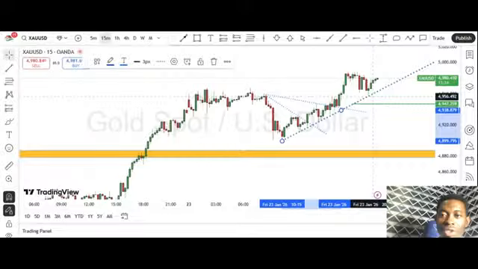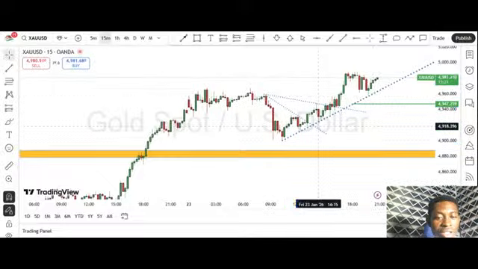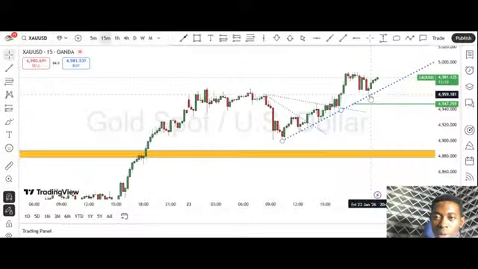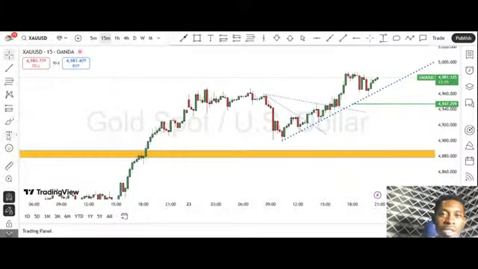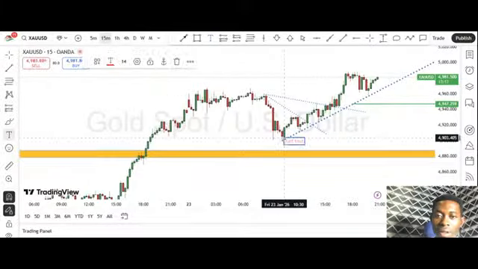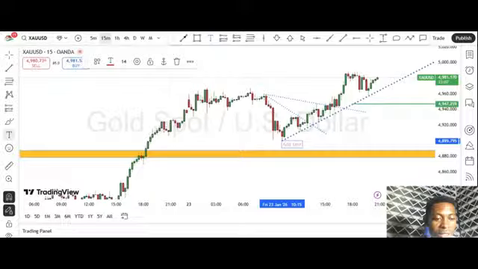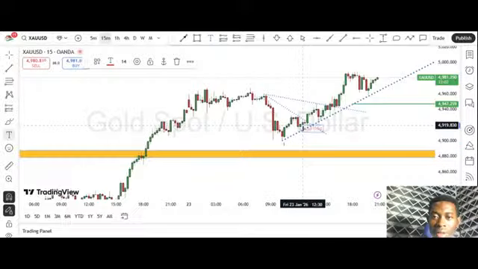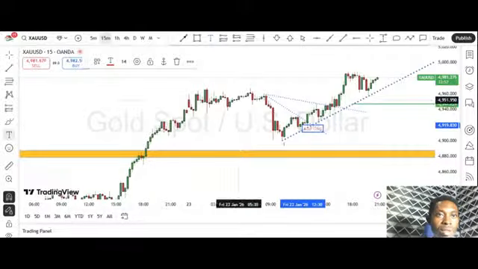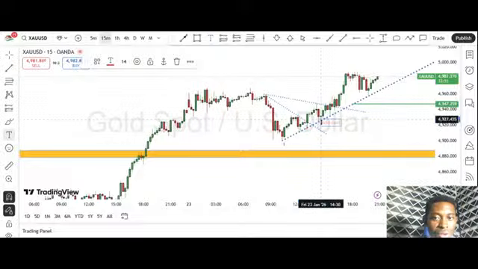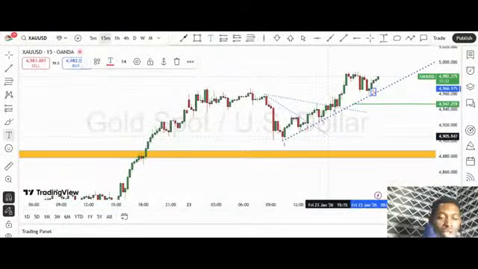This is a trend line. This is my point one, this is my point two, this is my point three, this is my point four. Then this is point three on your trend line.